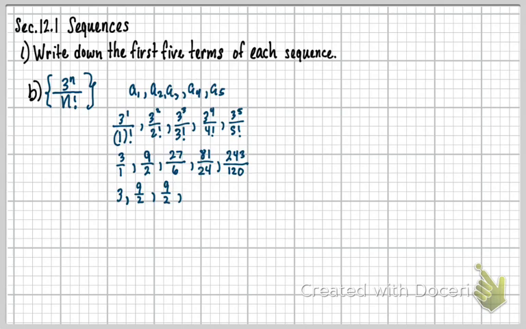So that's going to be 27 over 8. And then the last one is 243 over 120, which is 81 over 40. So this would be the answer for this problem here.